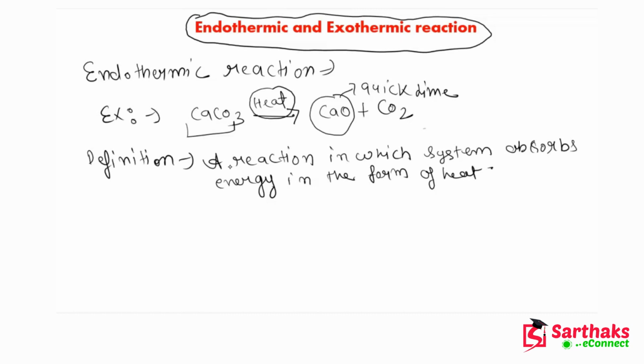Now, after understanding the endothermic reaction, let's try to understand what an exothermic reaction is. Basically guys, exothermic reactions are just the opposite of endothermic reactions. In an endothermic reaction, heat is absorbed, but here heat is released.